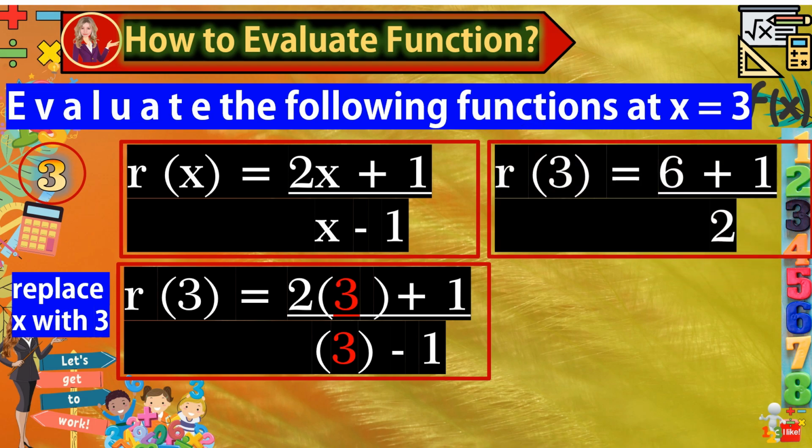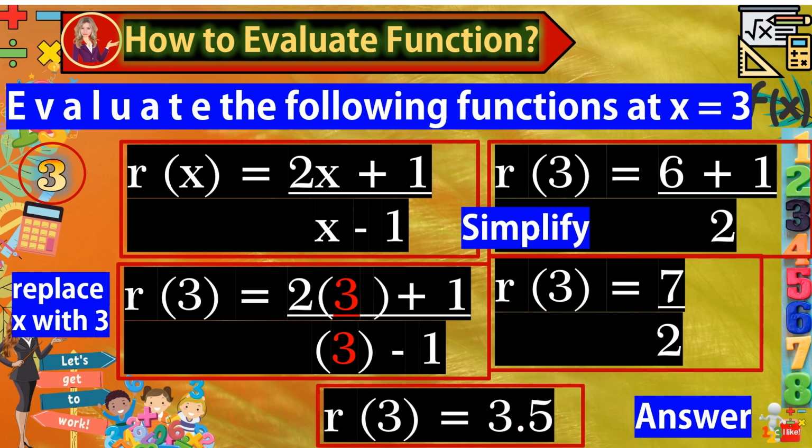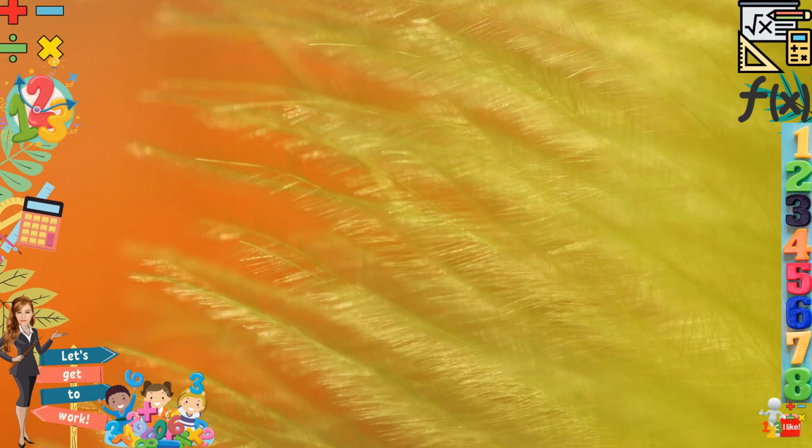Let's simplify. 2 times 3 is 6 plus 1. Then we have 3 minus 1 is equal to 2. So simplify 6 plus 1, we have now 7 over 2. So 7 over 2, our final answer is 3.5. Our r of 3 is equal to 3.5.